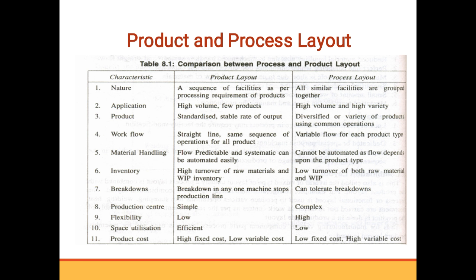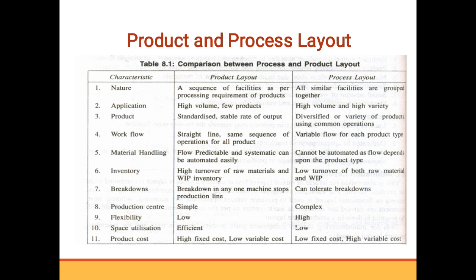If you consider the flexibility point, there is low flexibility in case of product layout, because if there is any change in the design, if there is any new product or a change in design of the existing product, then this line gets unbalanced, so there is less flexibility, whereas in process layout usually flexibility is high.